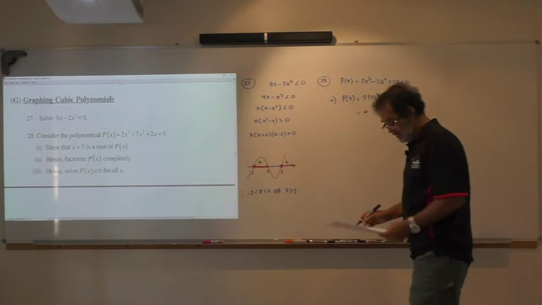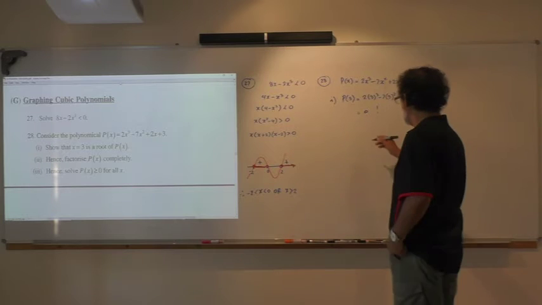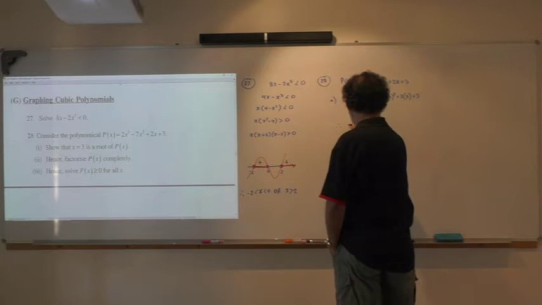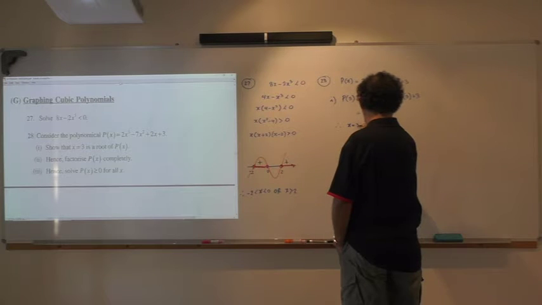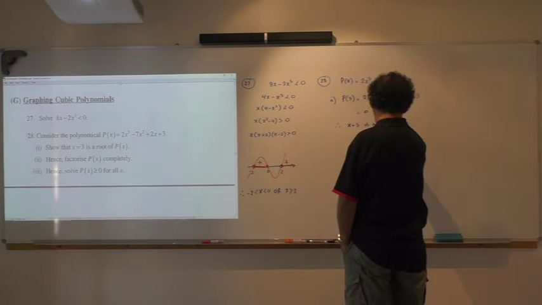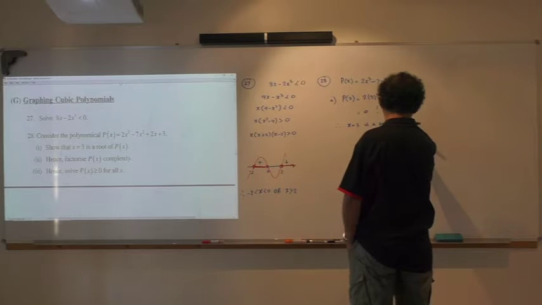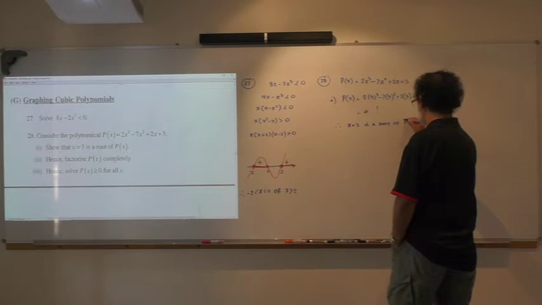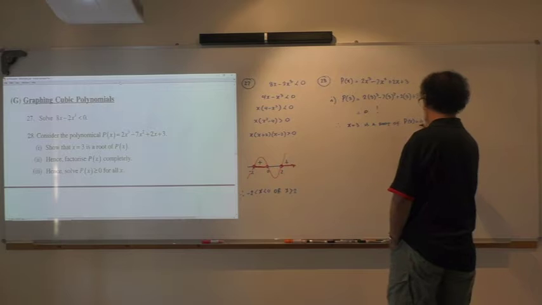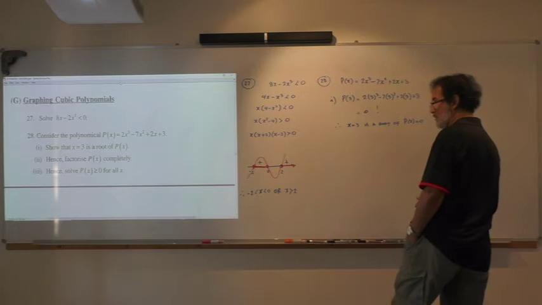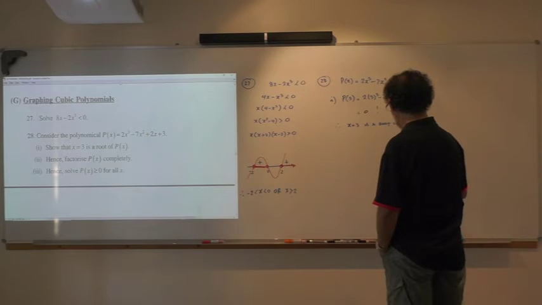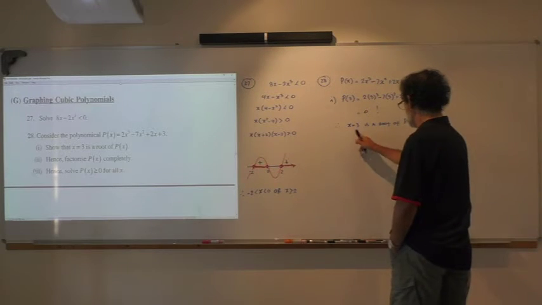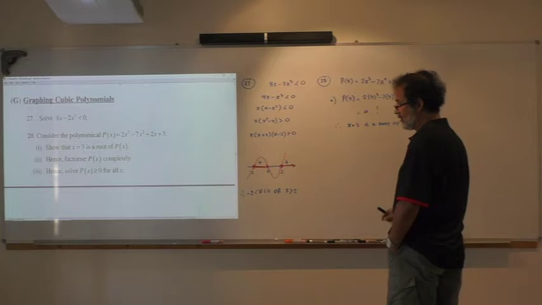And because this is 0, we can say this: therefore, x equal 3 is a root of p(x) equals 0. So it's a root of this polynomial. We say x equal 3 is a root of p of x.